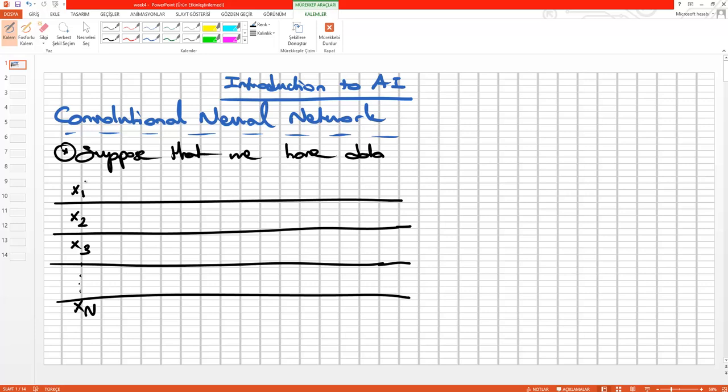Okay, and so we can write the data set like 1, 1, 10, and so on, and so 2, 2, 1, and 3, 3, 3, 3.